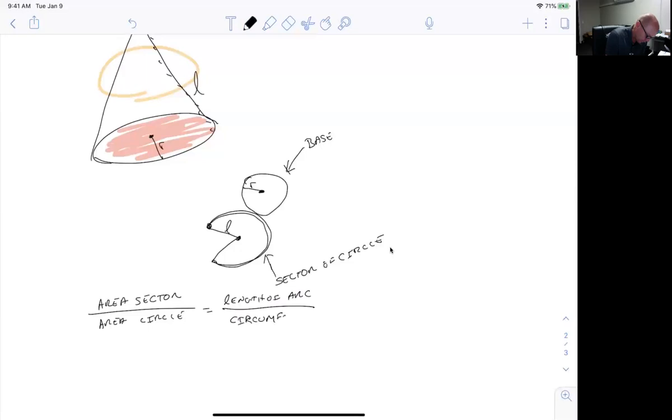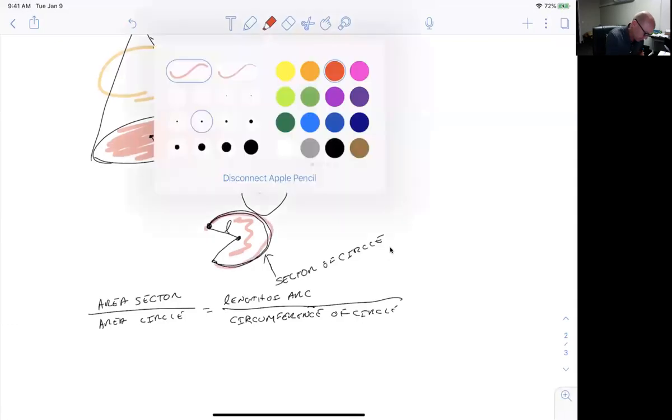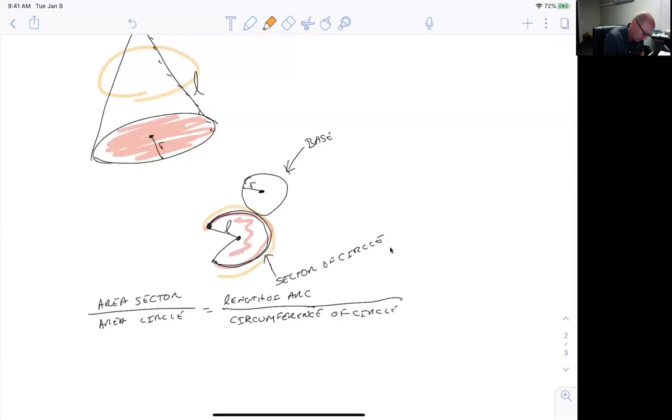Circumference of circle. So I've kind of set up a proportion here, and think about it. The ratio of the area of this thing would be the same as the ratio of this length to the whole way around, like that.